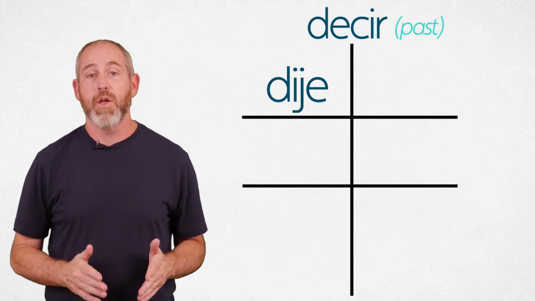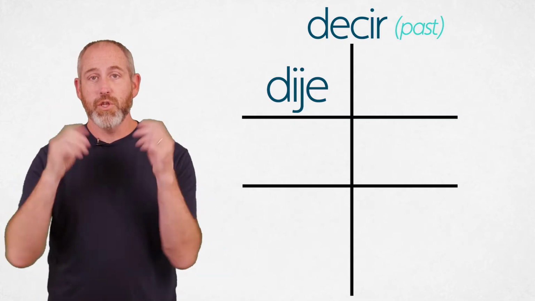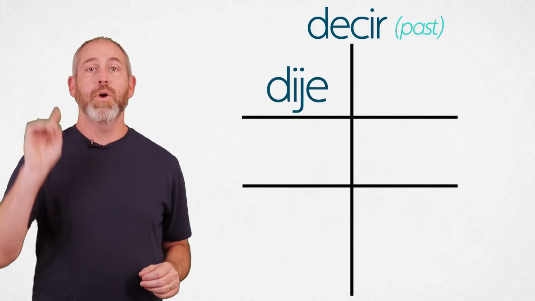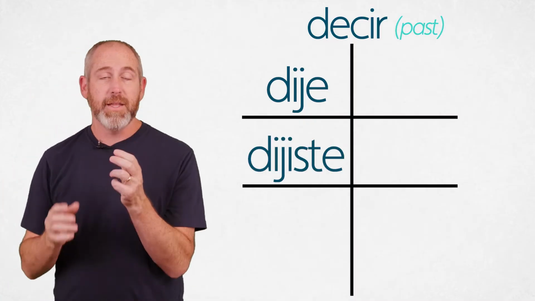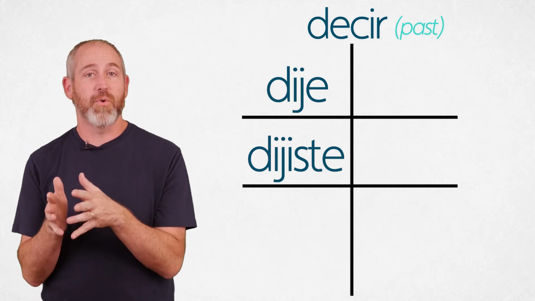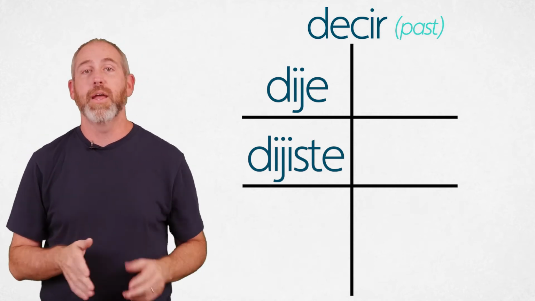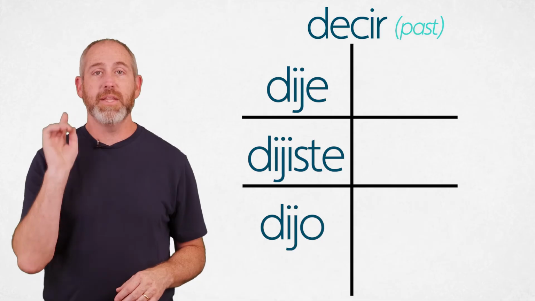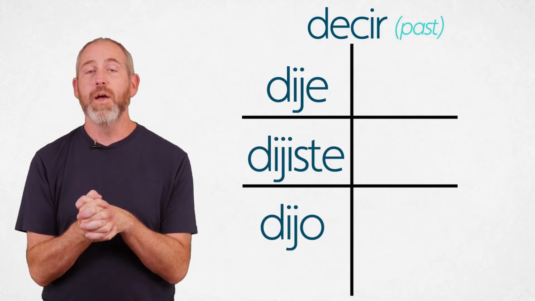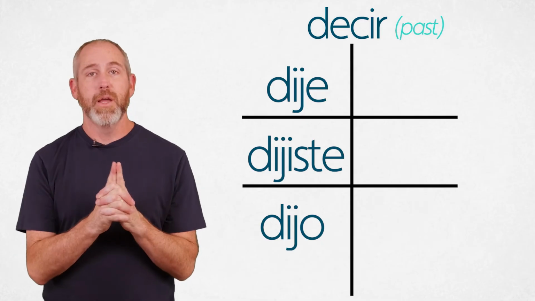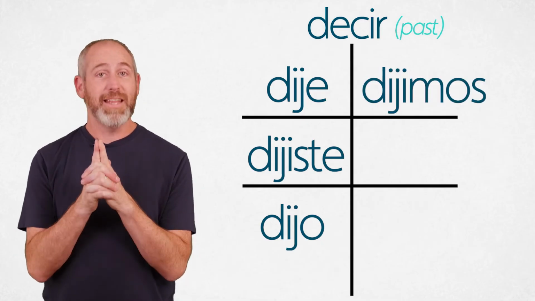You said, you told is tú dijiste. The él, ella, ustedes form, it's got that O in there, dijo. So dije, dijiste, dijo. Now, let's get the nosotros form, dijimos.